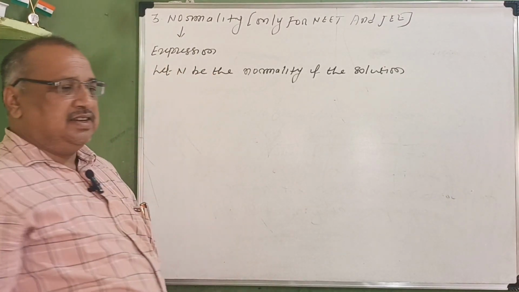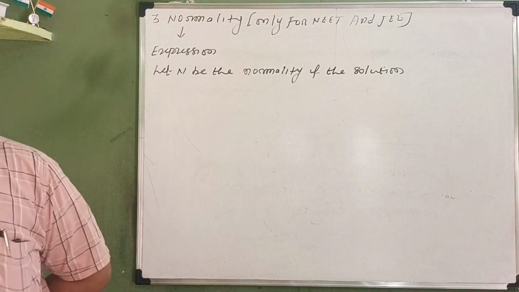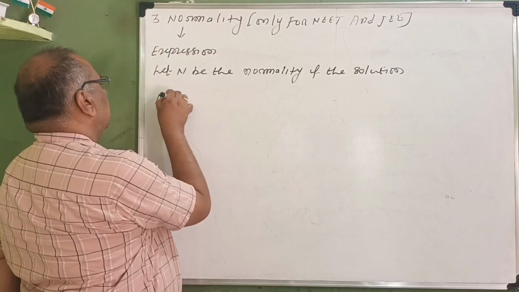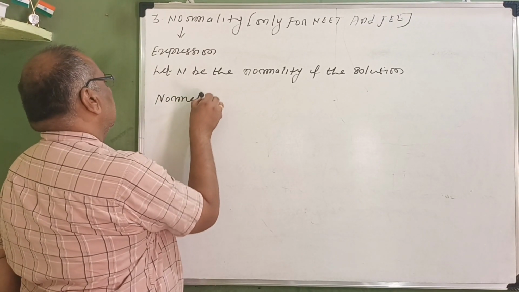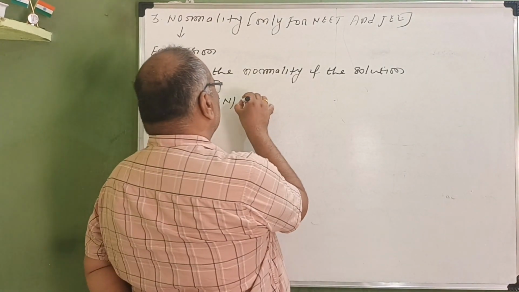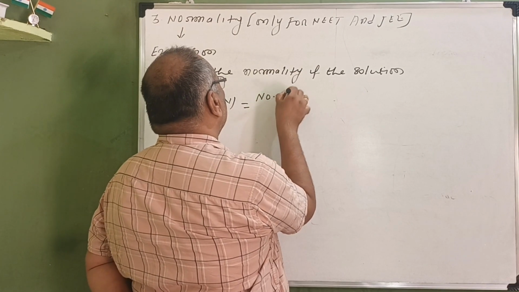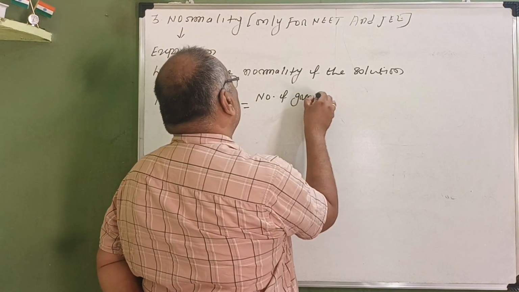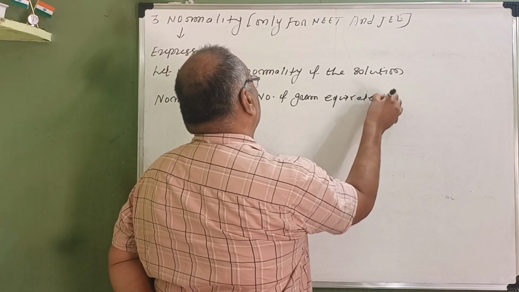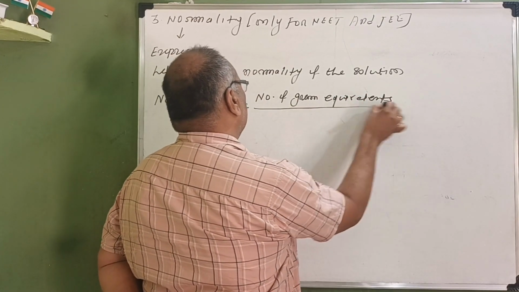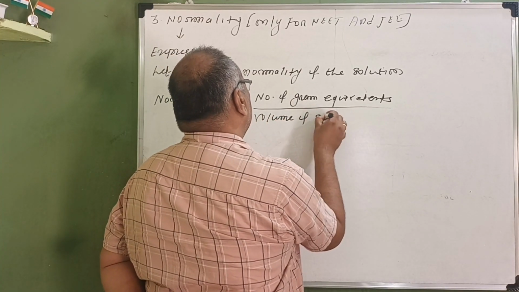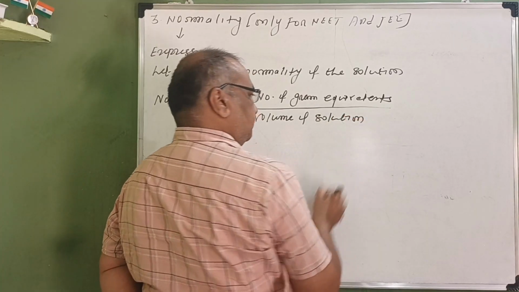Here normality N equal to number of gram equivalents upon volume of solution in liter.